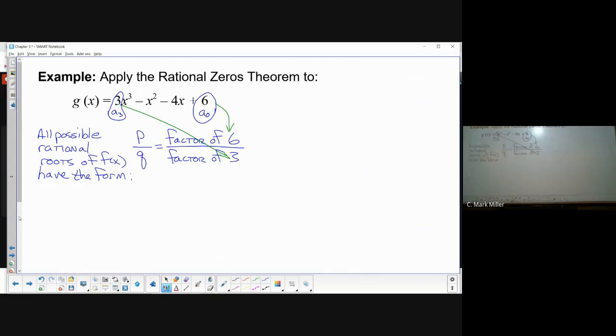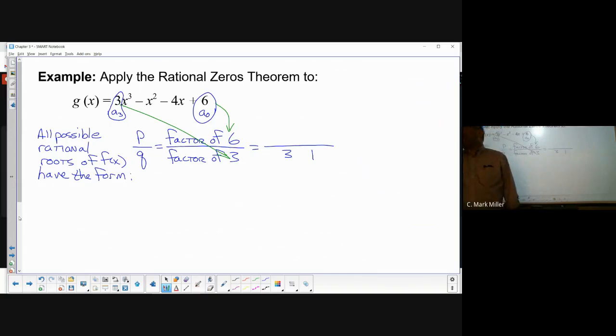Now you ask yourself, let's do the bottom first. What are factors of 3? What integers divide 3 evenly? Well, 3 is prime. So a prime number is only divisible by 1 and itself. So you're going to put down here 3 and 1.